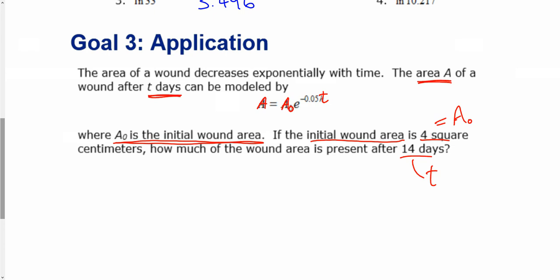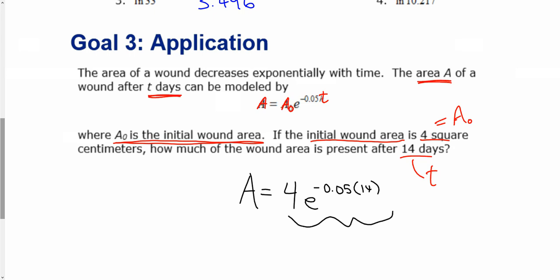And I think in the beginning, especially since we haven't really solved problems, it all ends up just going into the calculator. So watch this. We don't know this. We know that this is 4e to the negative 0.05 times 14. And guys, if your only letter is on the left, all of this is just a calculator question.